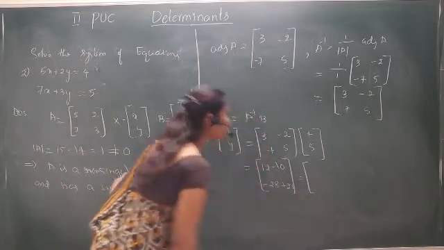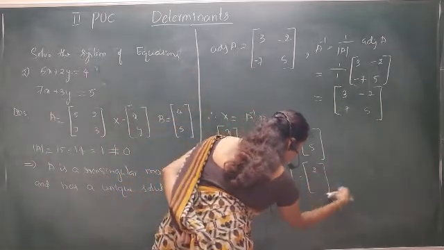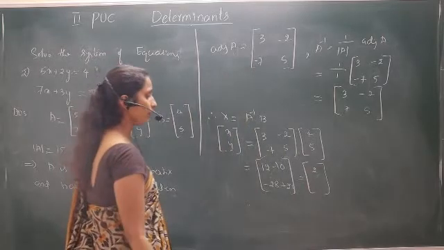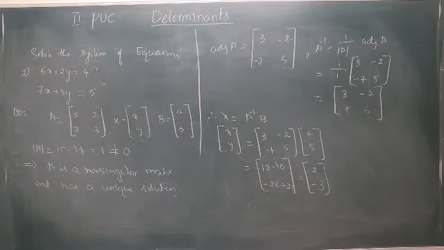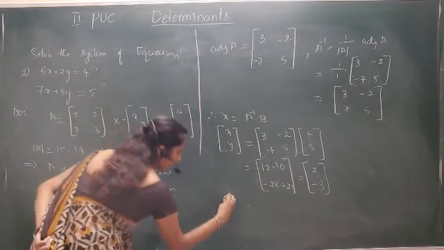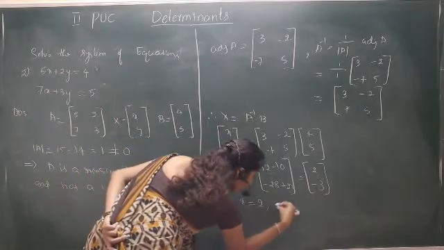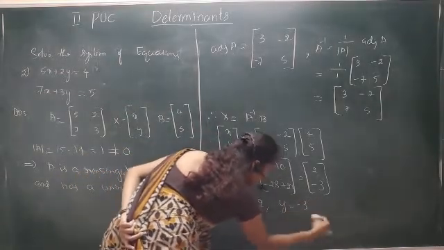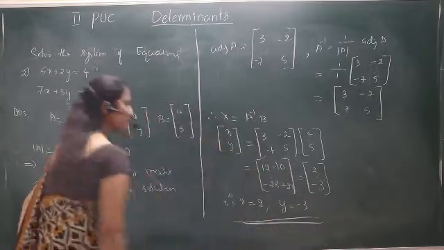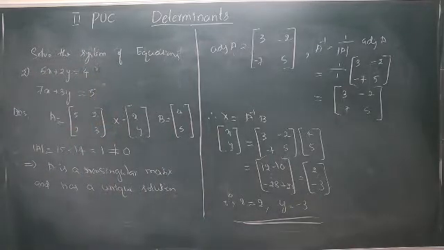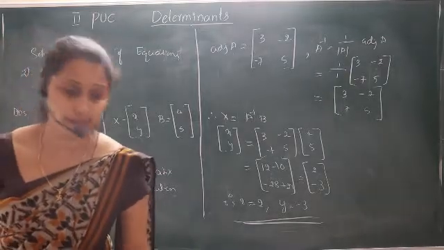This will be equal to 12 minus 10 is 2, then minus 28 plus 25 is minus 3. Therefore x is equal to 2 and y is equal to minus 3. This is the solution of the given system of equations. So this is one more problem of a 2 by 2 matrix.